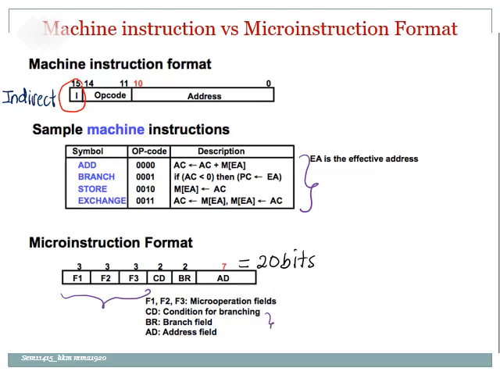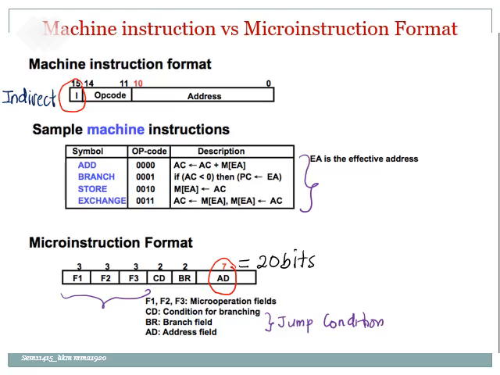CD and BR are our jump condition. Now let us concentrate on the address field.